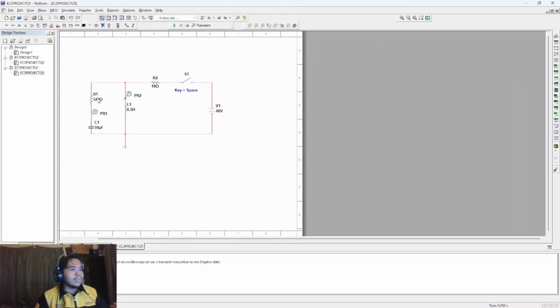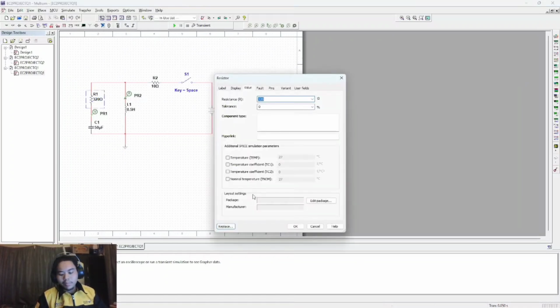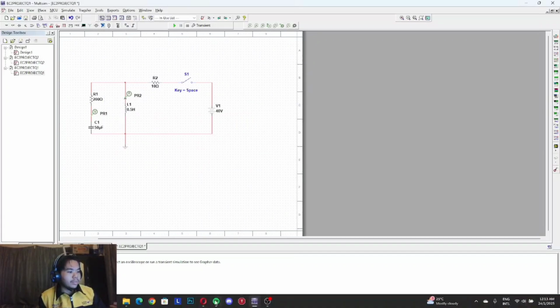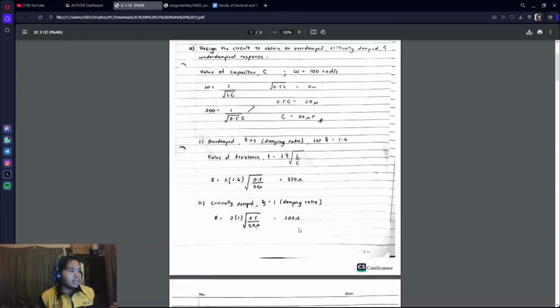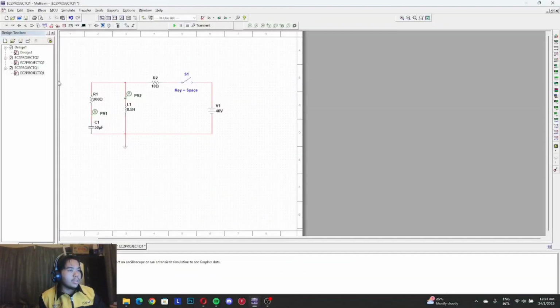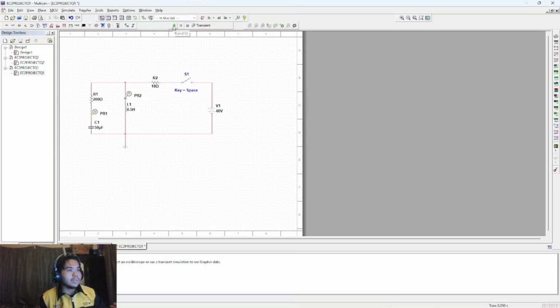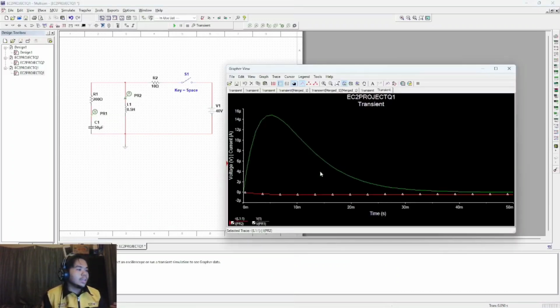Then we continue with critically damped. We need 200 ohm, like in our calculation. We just put it into our simulation, click run, and this is the graph for critically damped.